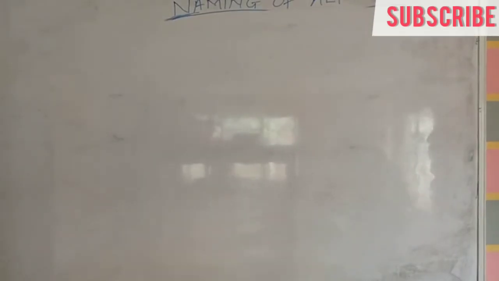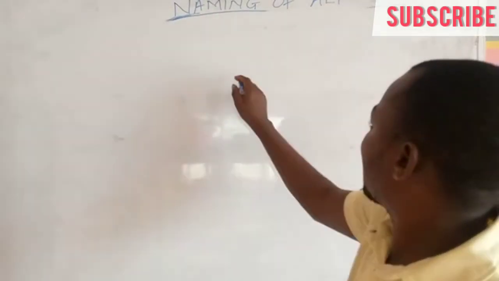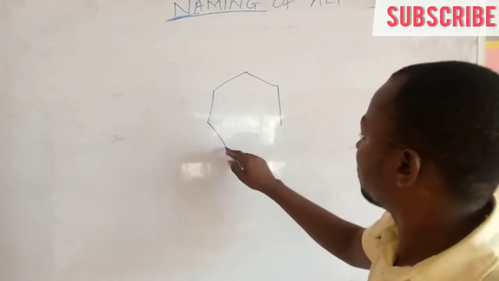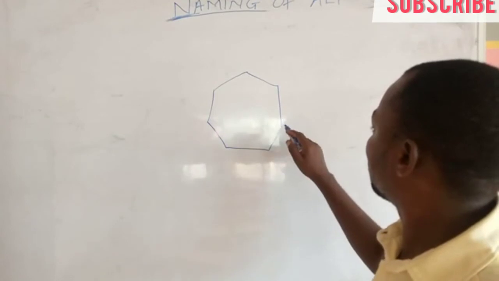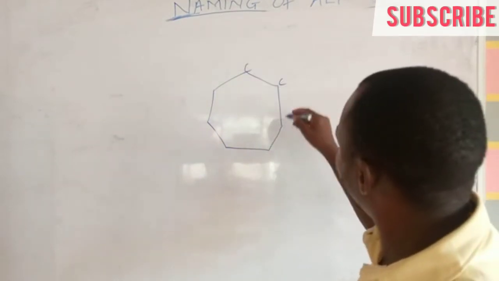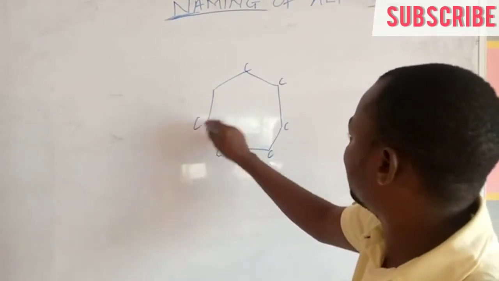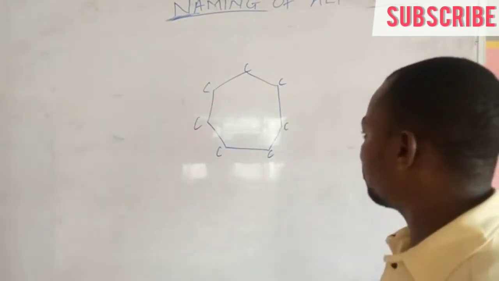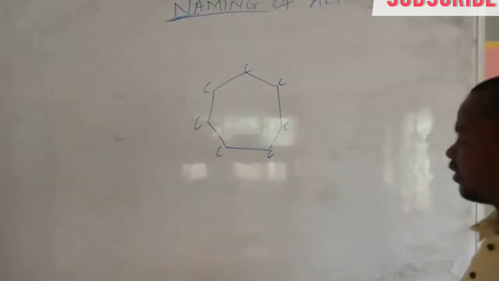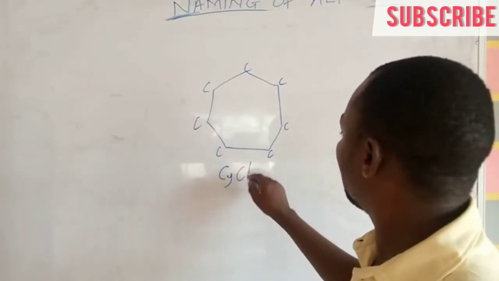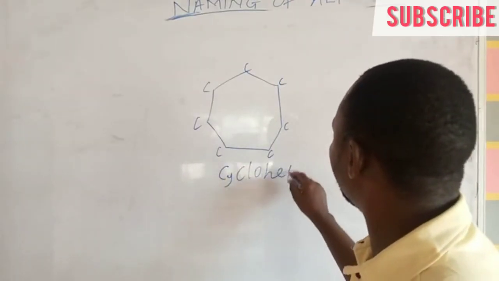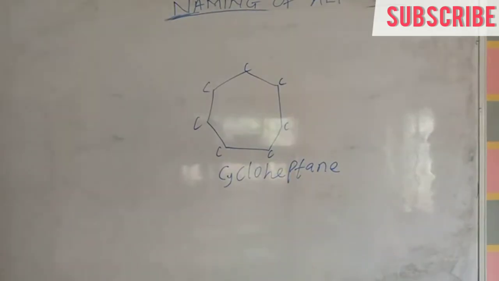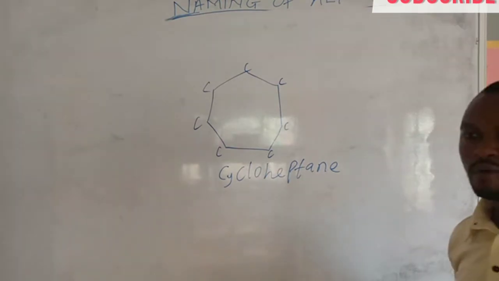So look at this. I have a C here. I count 1, 2, 3, 4, 5, 6, 7. So by counting, I have 7 carbon. This is cycloheptane.